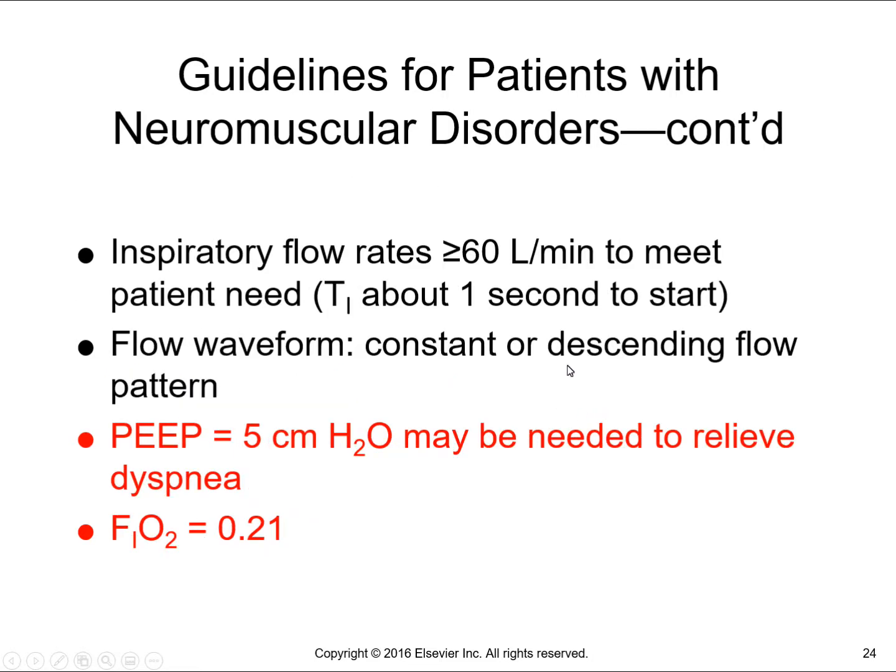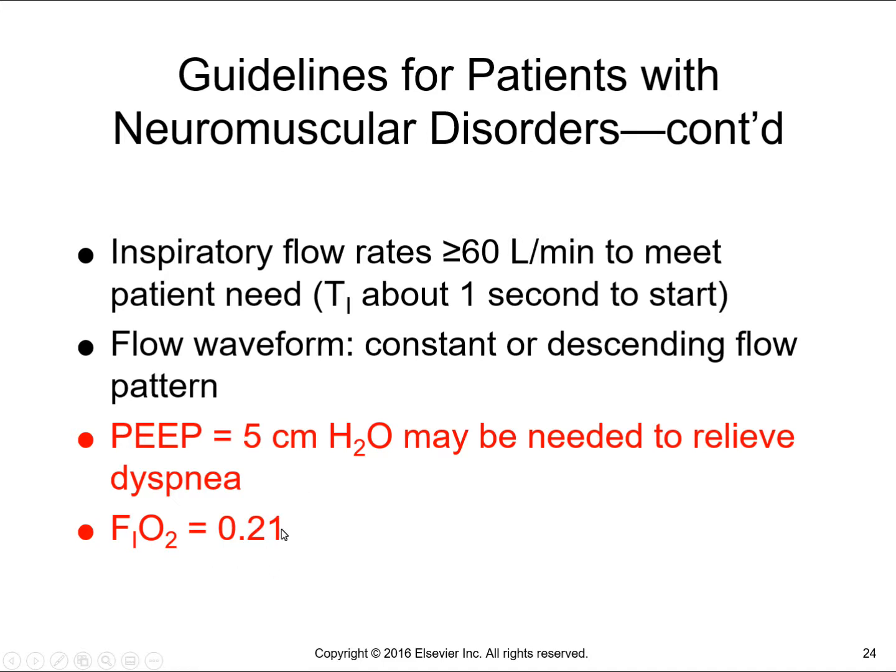Okay. So for inspiratory flow rates, it's going to be greater than or equal to 60 to meet the patient's need. Most likely, I would keep it at 60 because, again, there's nothing wrong with their lungs. All right, waveform, constant or descending flow patterns. Those are the two wave patterns that you're going to see in volume control. And for PEEP, we want +5 just for the physiological PEEP.